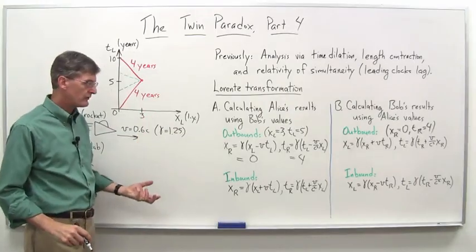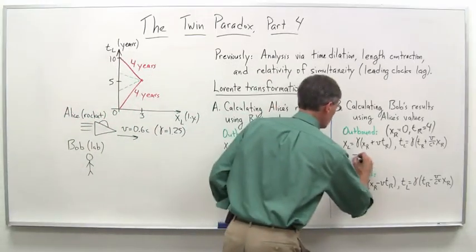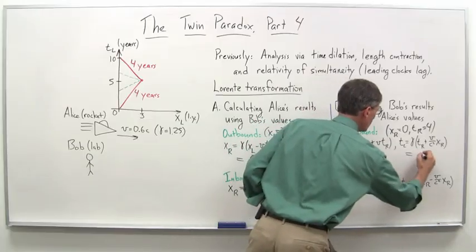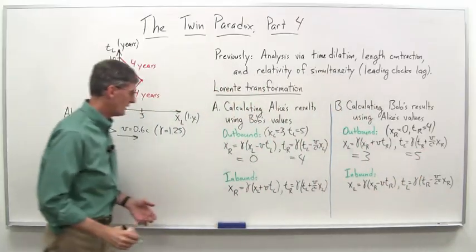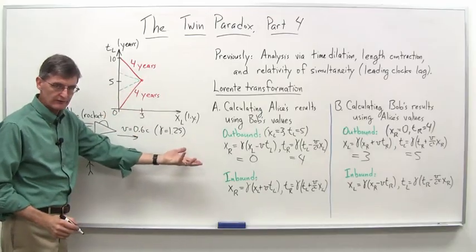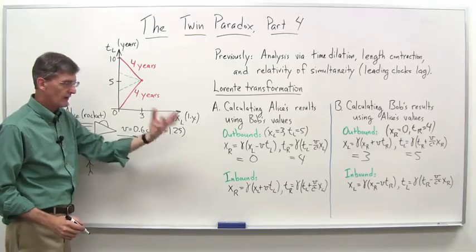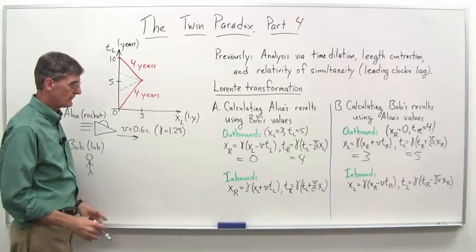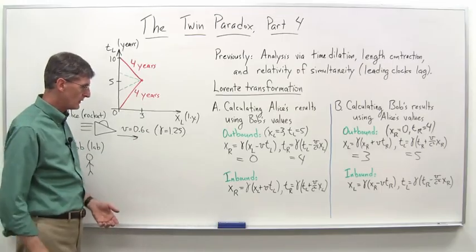You plug those values in, and you get, as you should, 3 and 5. In other words, Bob's measurement of that space-time point is xl equals 3 light years, and time 5 years. So that checks out, as it should.